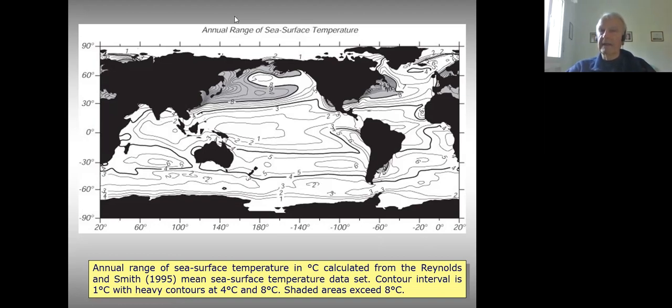On the other hand, in mid-latitudes there's a rather strong range between summer and winter. And also there are these tongues of strong temperature range on the western side of both the Pacific and the Atlantic, which we will see later. This is due to the Gulf Stream and Kuroshio, the most important world ocean current systems.